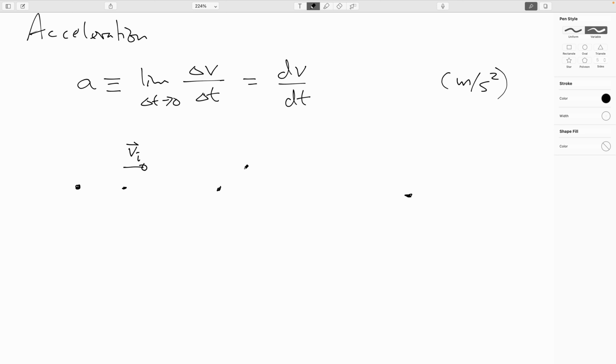The official name of these arrows are vectors. And so the idea is to indicate how fast something is going and which direction. I can indicate the direction by just literally the direction the arrow goes. And I can indicate how fast by how long I make the arrow.